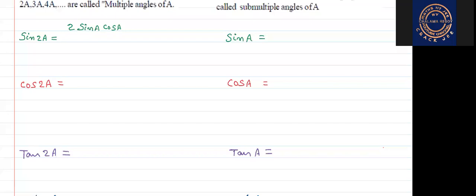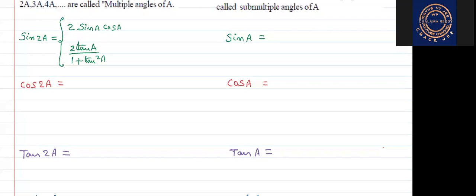What is that? 2 tan a divided by 1 plus tan square a. There are two formulas for sine 2a. One is 2 sine a cos a. Another one is 2 tan a by 1 plus tan square a. This is the sine 2a formula.